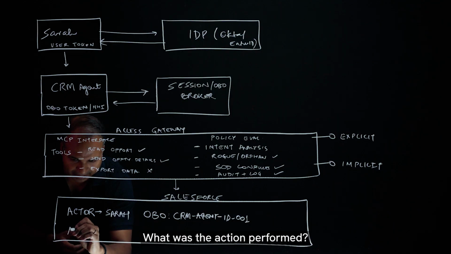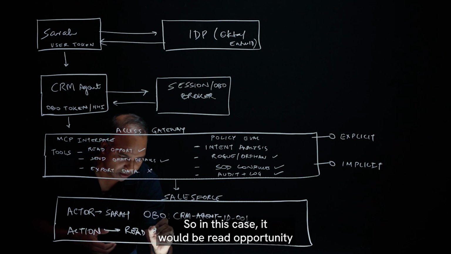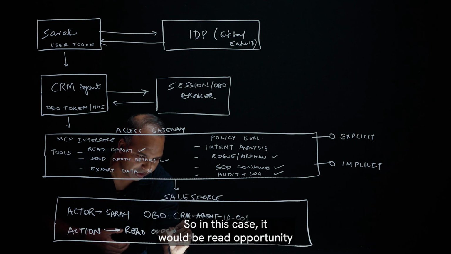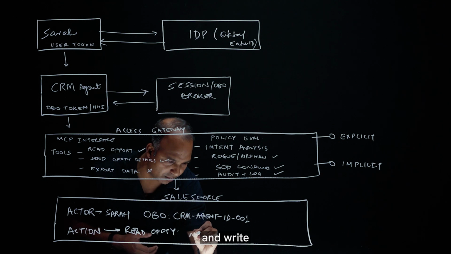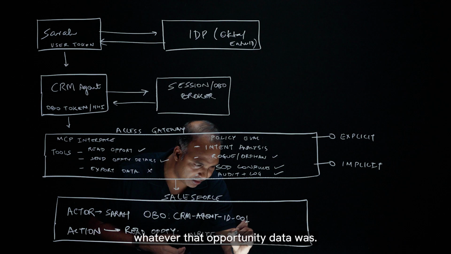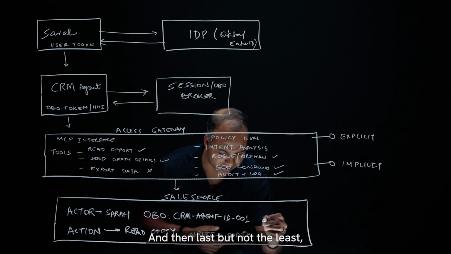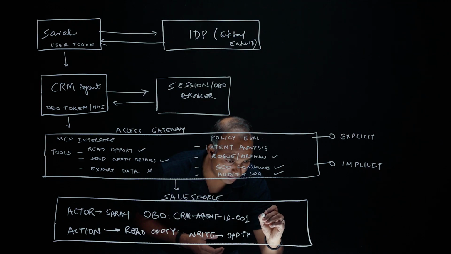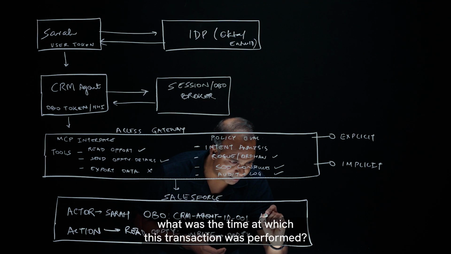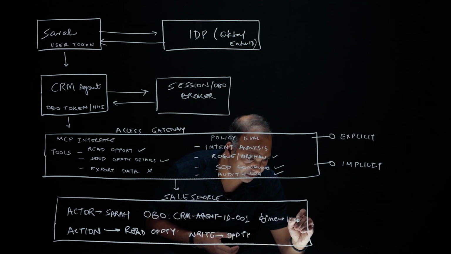What was the action performed? In this case, it would be read opportunity and write whatever that opportunity data was. And then last but not the least, what was the time at which this transaction was performed.